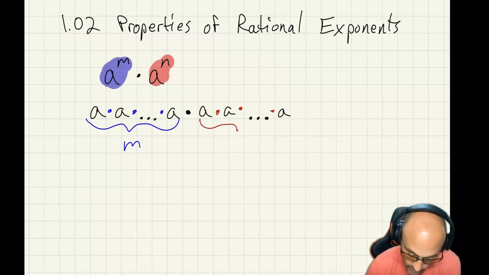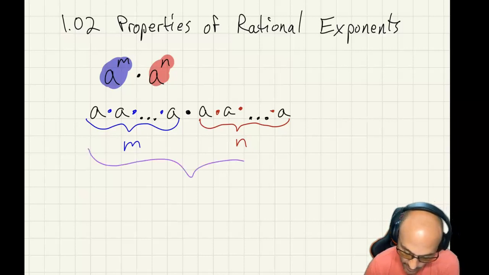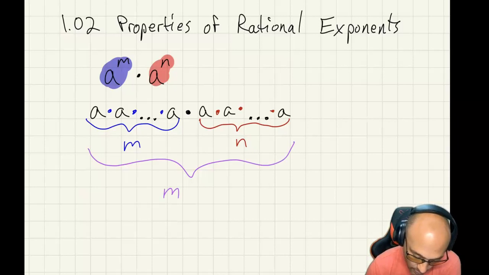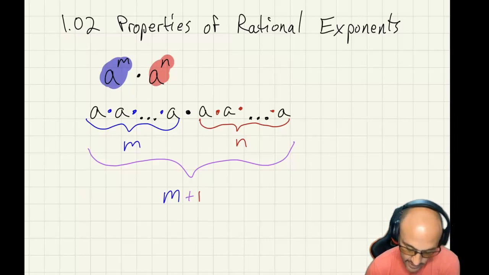So it looks like that. If we take this whole thing, I used blue and red there, and that was actually an accident, but I'm really glad that I did, because if you think about it, what we have is a multiplied by itself m plus n times.